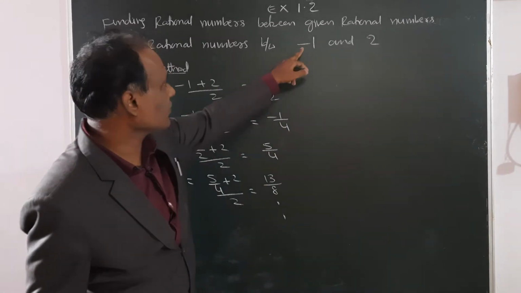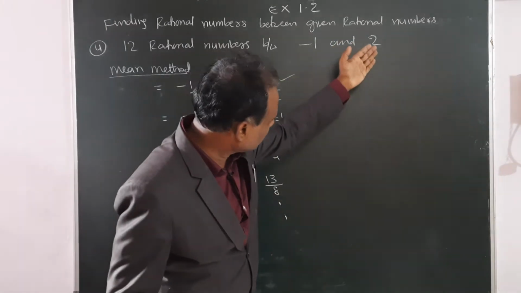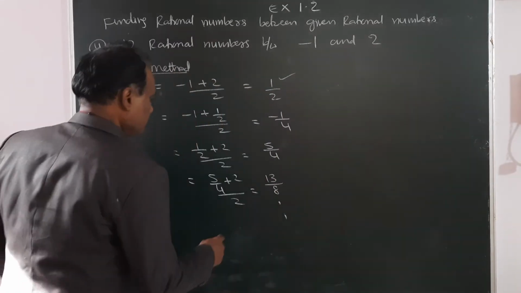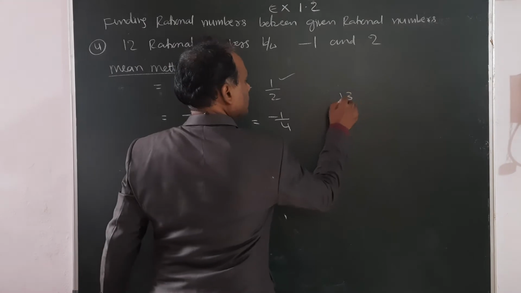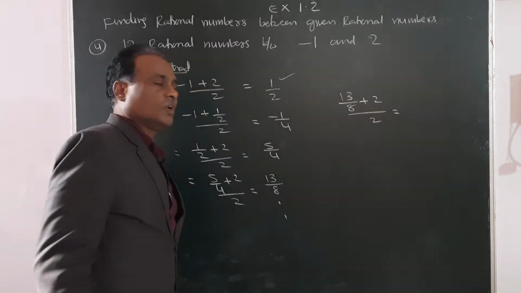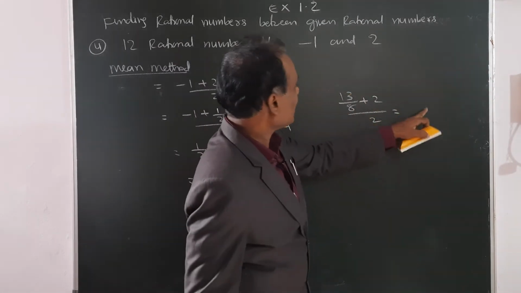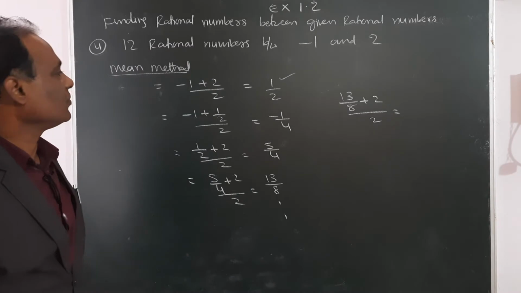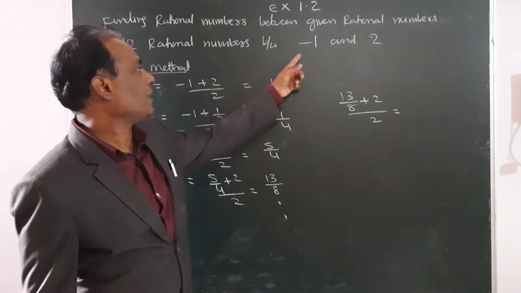If you have confusion with the minus sign, take only this number. So again with 13 by 8, 13 by 8 plus 2 by 2. You will get a number. Again that number plus 2 by 2. So keep on continuing this process and you will get all the numbers between -1 and 2.